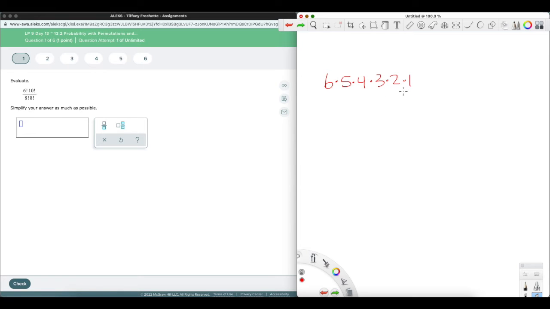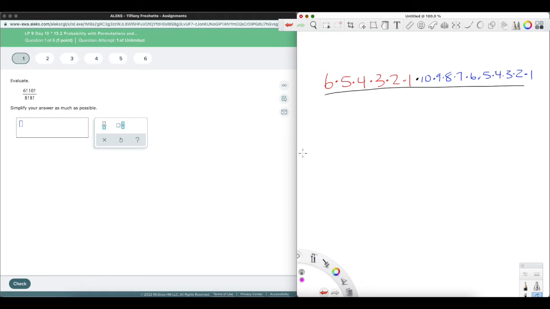Same thing with 10 factorial, so I'd have 10 times 9, 8, 7, 6, 5, 4, 3, 2, 1. Like that. And I'm going to change that to a different color just so we have it here. And then I can do the same thing with the 8 factorial.